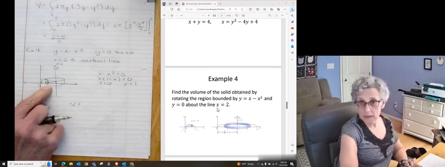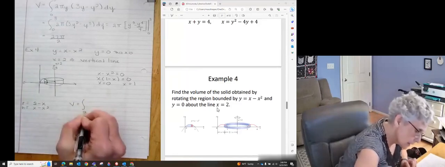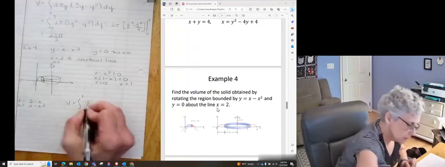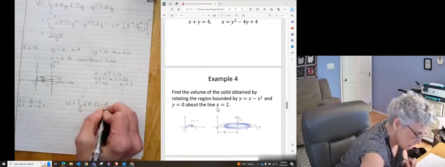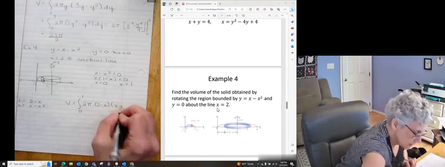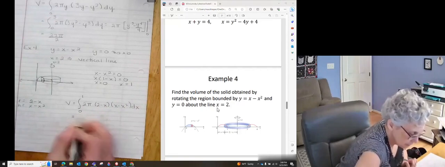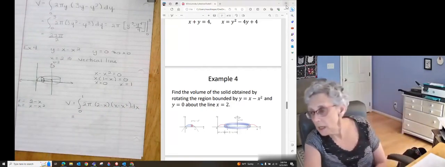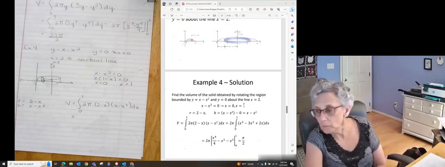So, integrating with respect to x, I get my limits of integration along the x-axis from 0 to 1, 2 pi times the radius times the height dx, and there's the much prettier picture.